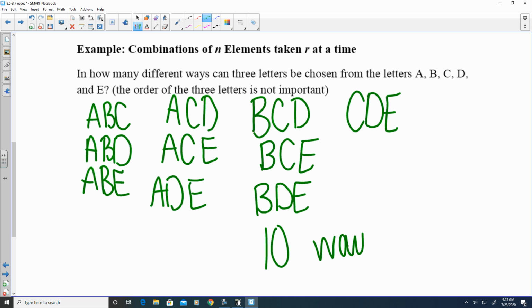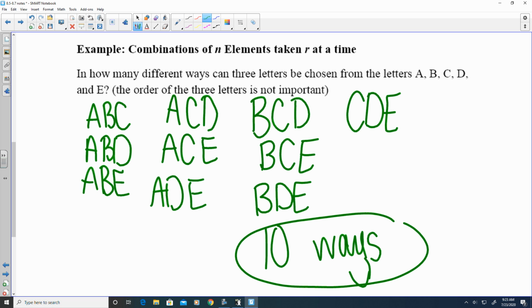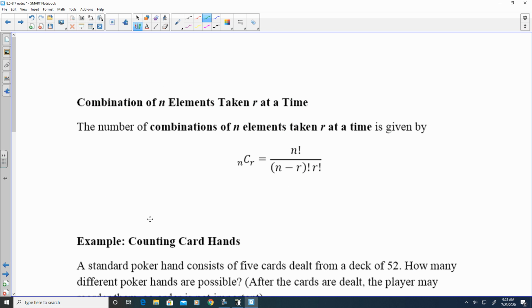Now that cannot possibly be the only way to do that type of question because that could take an awful long time if you're not good at that type of thing. So there is a formula which should look very familiar for combinations. Combinations again mean that we don't care about the order. This is the same formula that we used for the binomial coefficients, nCr. So that's what we just did.